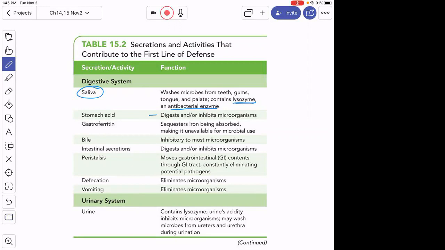So a lot of these are just actions where we're moving fluids out of our body. They're going to be important contributors to the first line of defense. So that lysozyme, we see that in several bodily fluids.